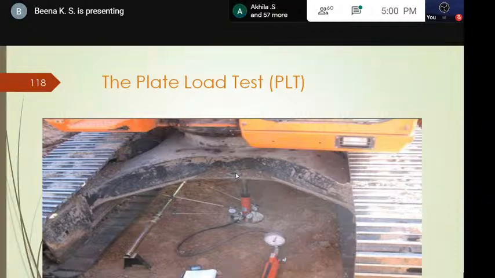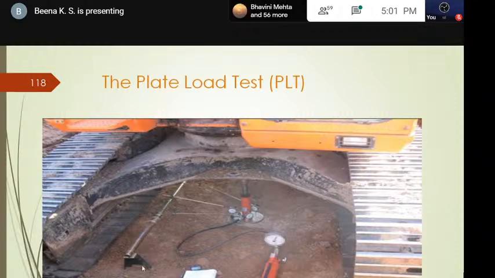Yeah. So I just wanted to show you a photograph of a plate load test, what is happening there. So this is a circular plate which is put, and this is the hydraulic jack, and you can see the dial gauges also, which are connected to a firm platform.